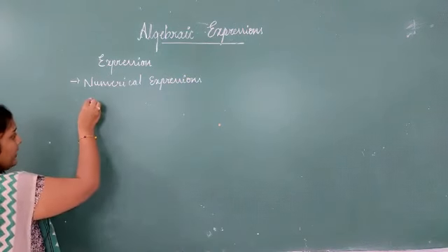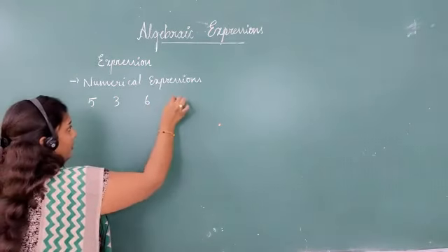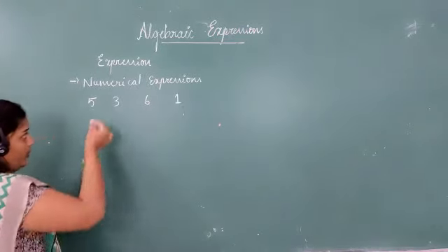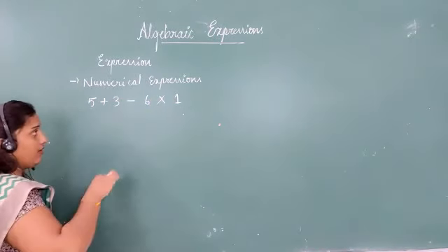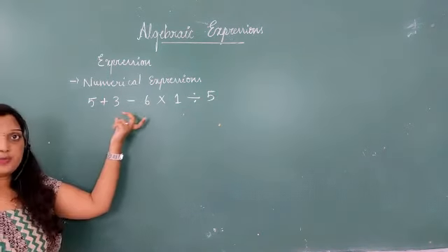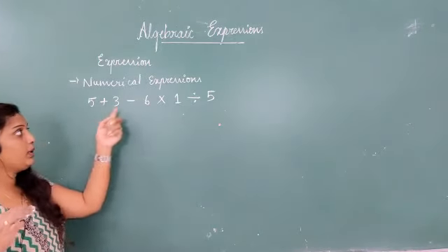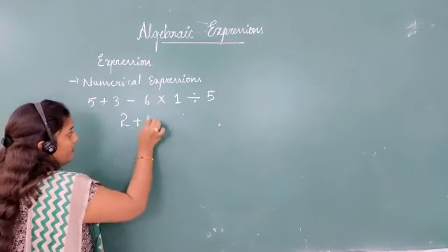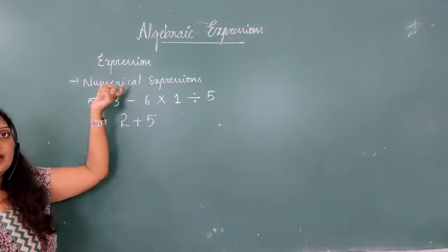Numbers means I can take any numbers, 5, 3, 6, 1, and it should contain mathematical operators, any of addition, subtraction, multiplication, and one more I will take, division. So this is a mathematical expression containing numbers along with mathematical operators. One more example I can take, 2 plus 5. This is also a mathematical expression. So this is called a numerical expression.